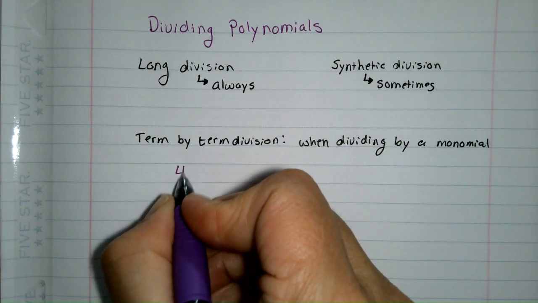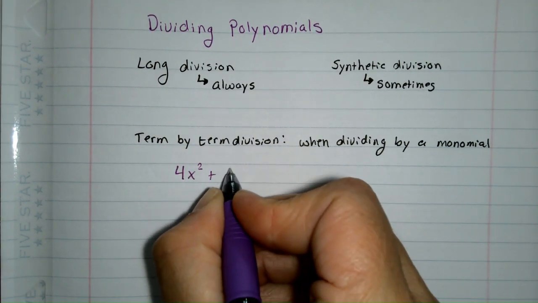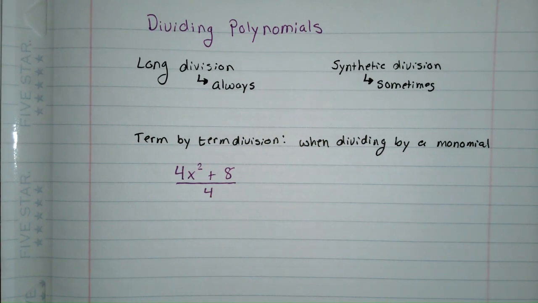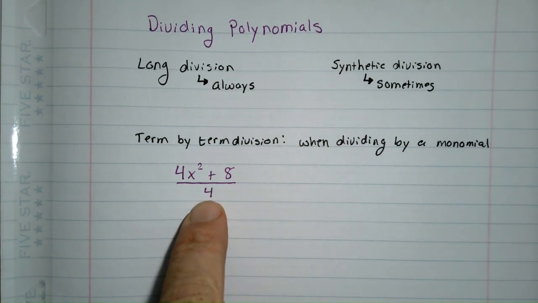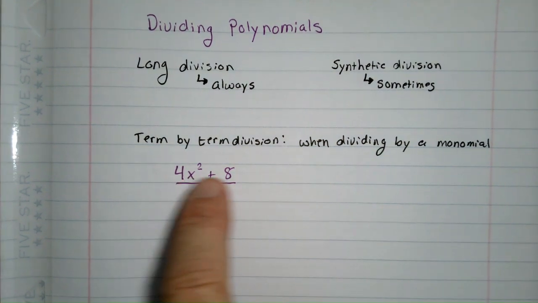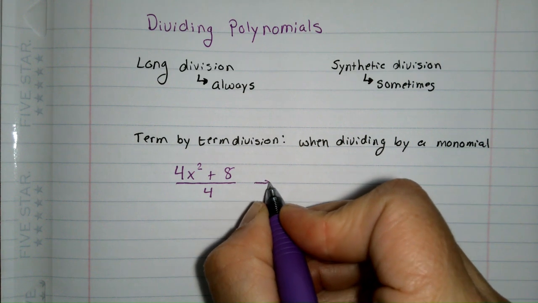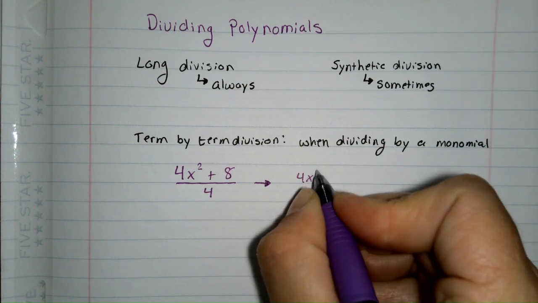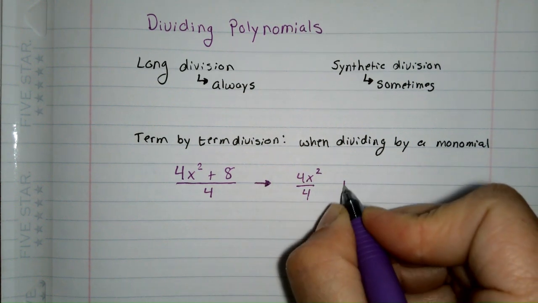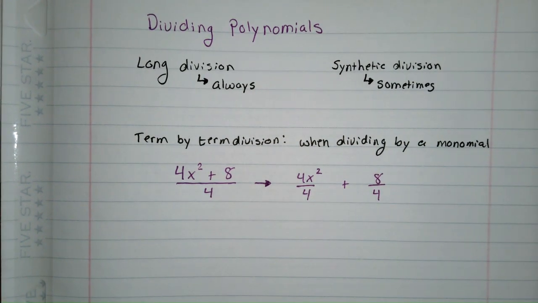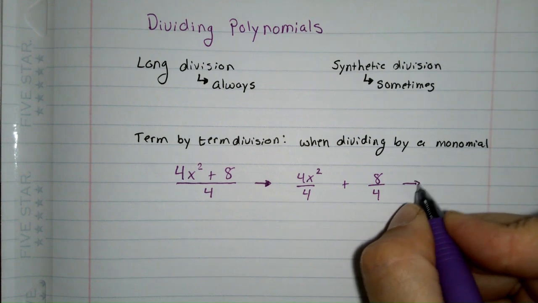For example, if I have 4x squared plus 8 and I divide it by 4. Well, 4 is an example of a monomial. The numerator is a binomial. And so I just have to rewrite them as two separate fractions, where I take each part of the numerator and I put it over the denominator, and then I can reduce.